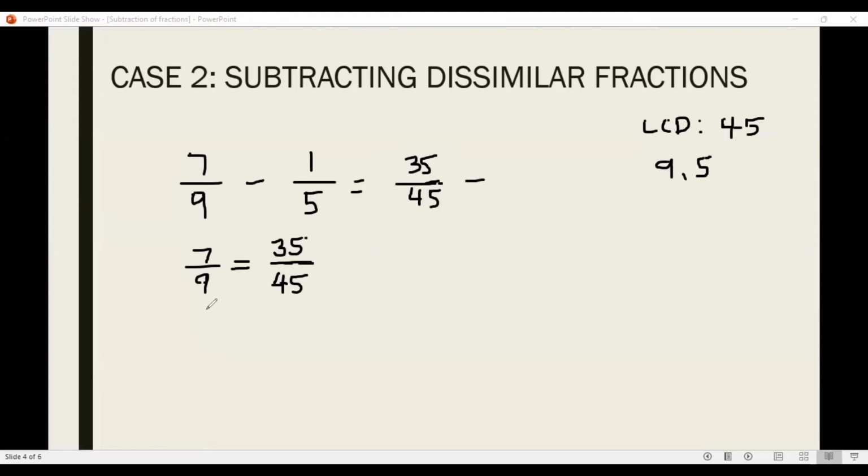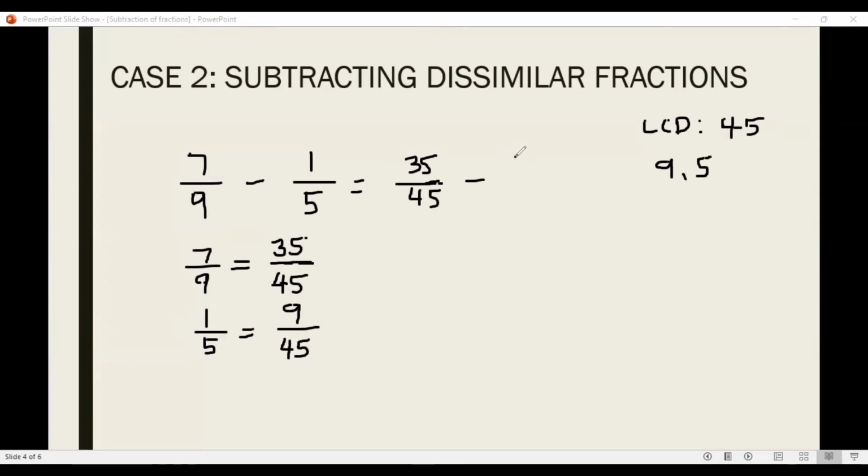So again, 1/5 will have to be equated to a certain number with the denominator of 45. So again, the rule is you divide and then multiply. So dividing now 45 and 5, the answer is 9. Multiply it by 1, so the answer is obviously 9. So again, the 1/5 is equivalent to 9 over 45.